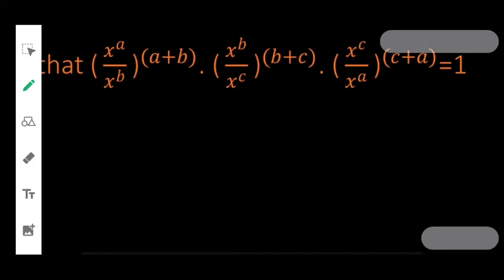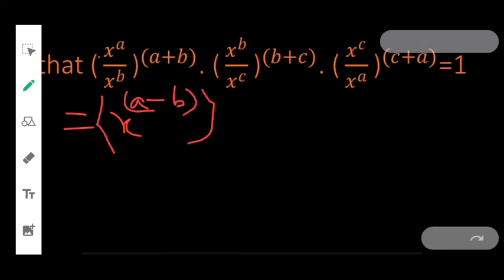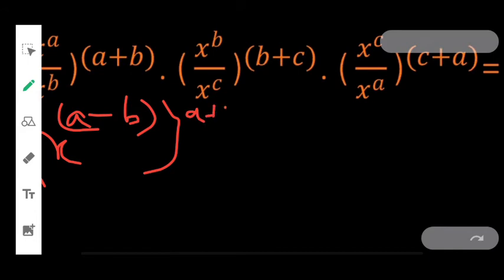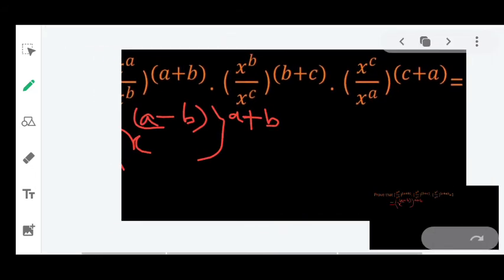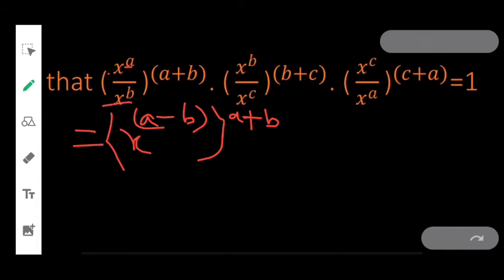So here the base is the same, x, so we can write this as x to the power a minus b, whole power a plus b, because x to the power a by x to the power b is x to the power a minus b.